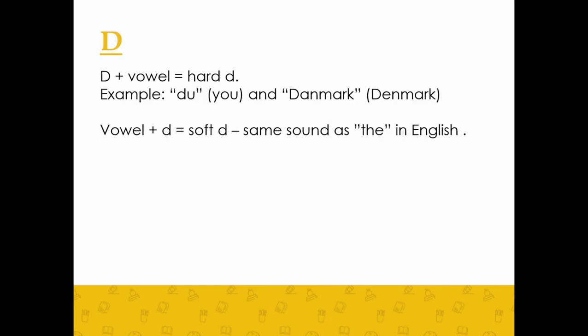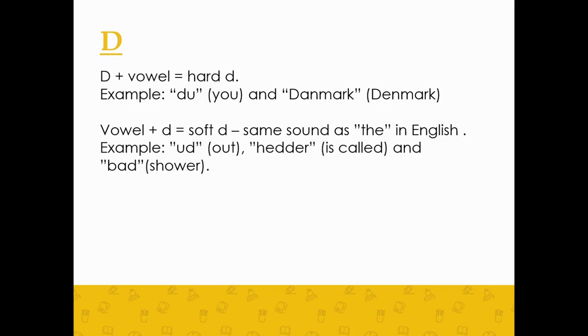However, if we have a vowel in front of a D, we get what we call a soft D. This is the same sound as the "th" in English, just with a little less air. An example could be "ud", out, "hedder", is called, and "brusebad", which is shower.